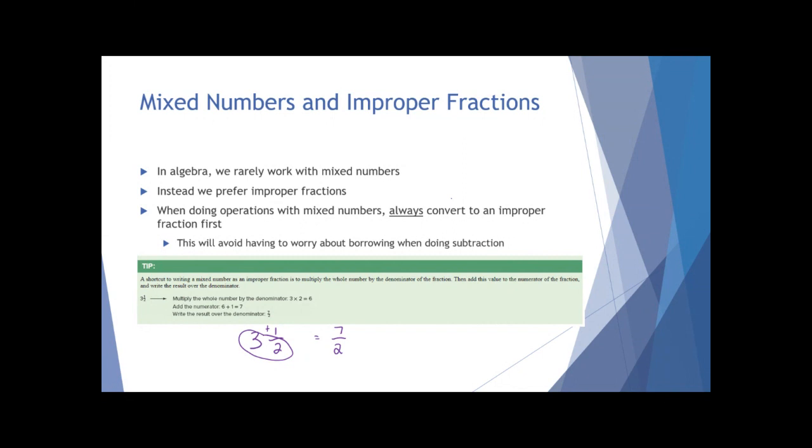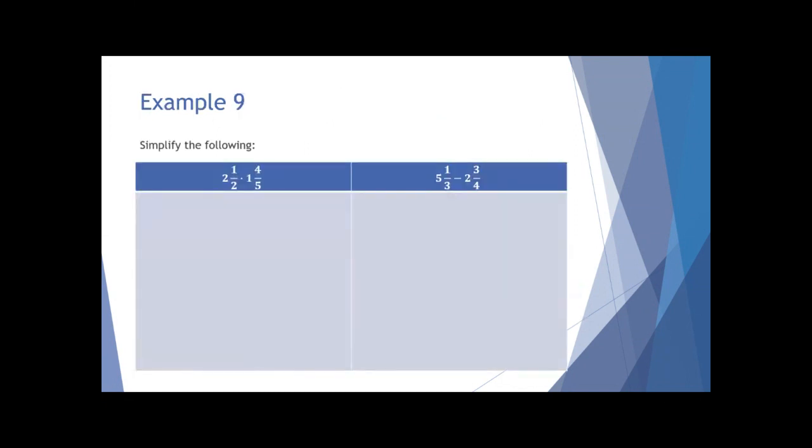So that's how you convert a mixed number to an improper fraction. It's the whole part times the denominator plus the top. So I've got 2 examples here, one with multiplication and then one with subtraction.